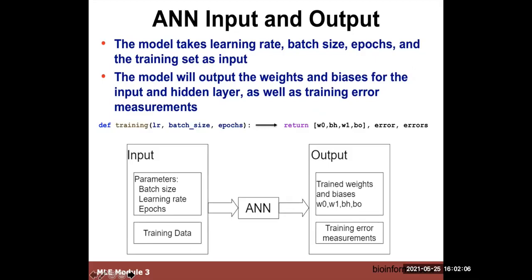We have a learning rate, which is, remember, the eta, the batch size, which let's just say is 5 batches, and the number of epochs, which we can choose, or we can define that once the gradient or change gets too minimal, the algorithm stops. So we have as input batch sizes, learning rate, and epochs, and the output is the trained weights, the new biases, and the training error measurements.